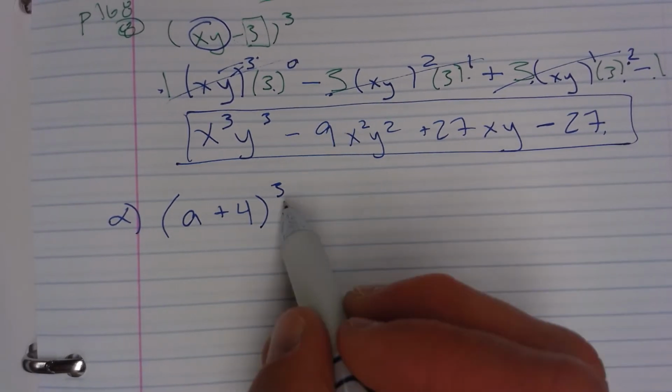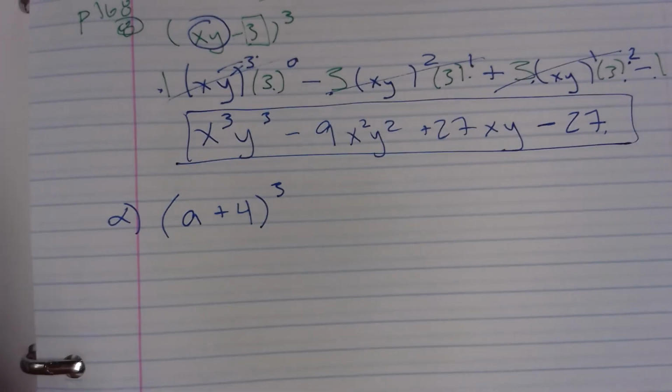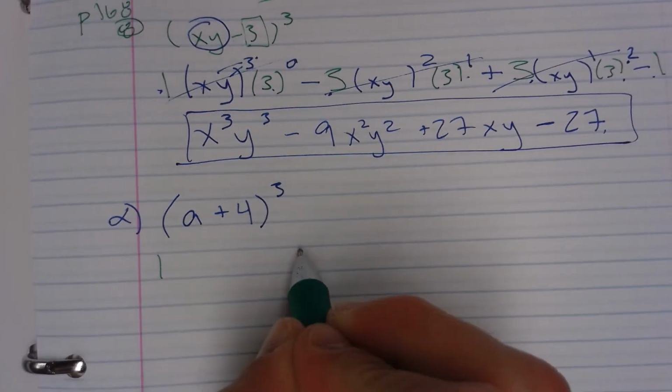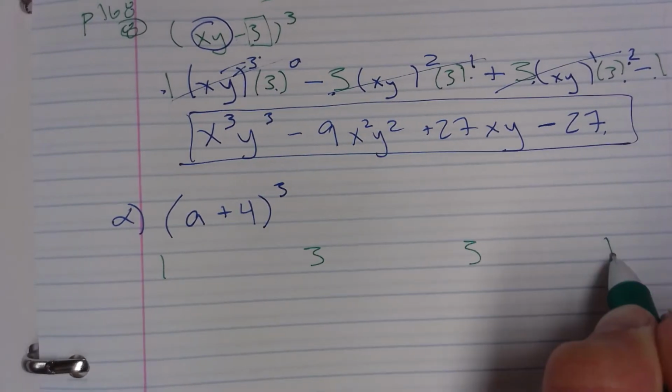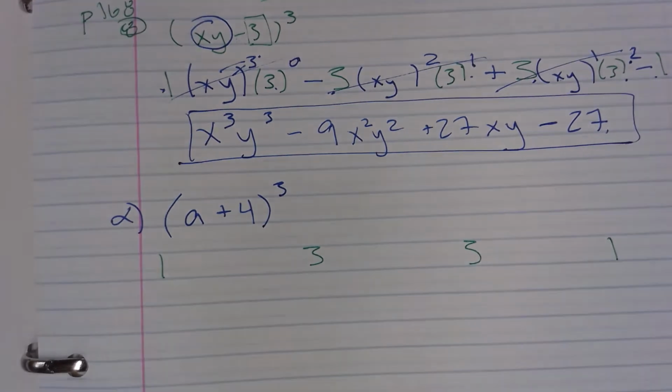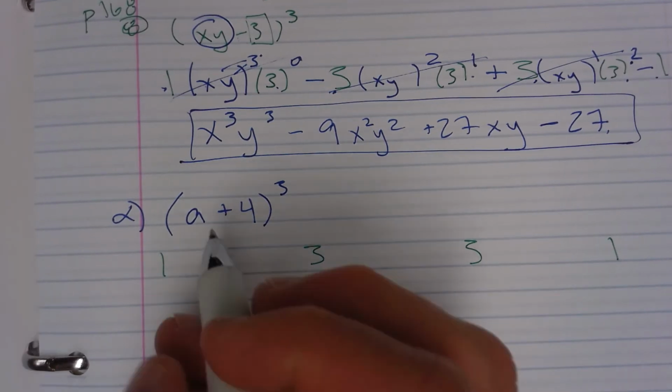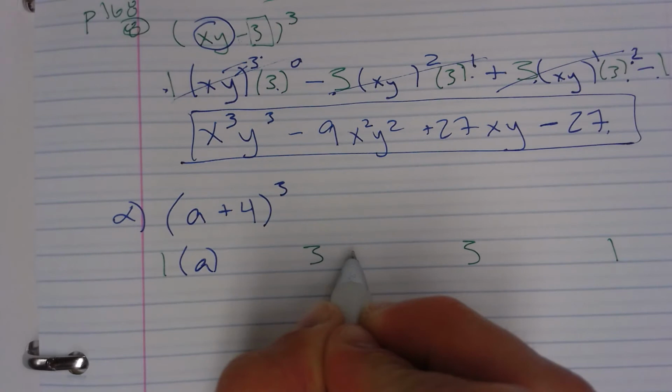All right, so we see the cubed. That means we write down our magic numbers, spread them out: 1, 3, 3, 1. Then we take our first term, a, and put it in parentheses.